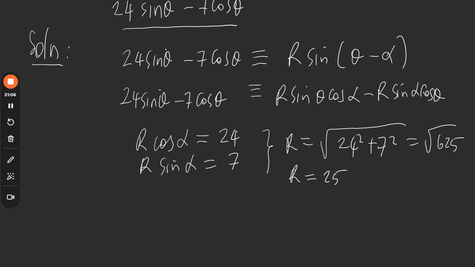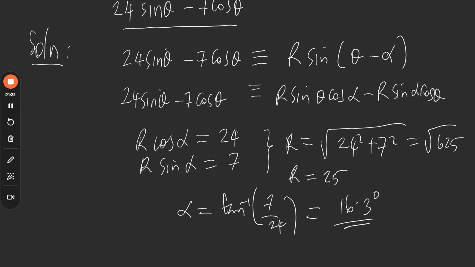What about alpha? Of course, alpha will be equal to tan inverse of 7 over 24, which is 16.3 degrees.